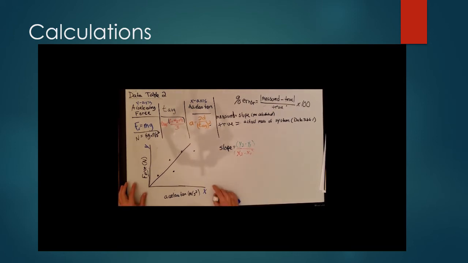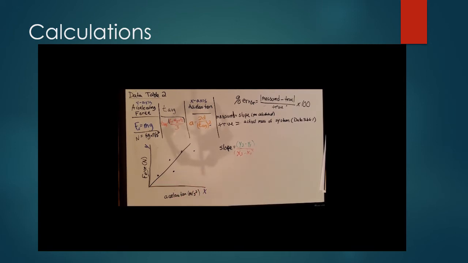So I have a similar diagram to what you will see on the provided graph, having the force on the y-axis and the acceleration along the x. And from this, what you need to do from the graph is calculate the slope.